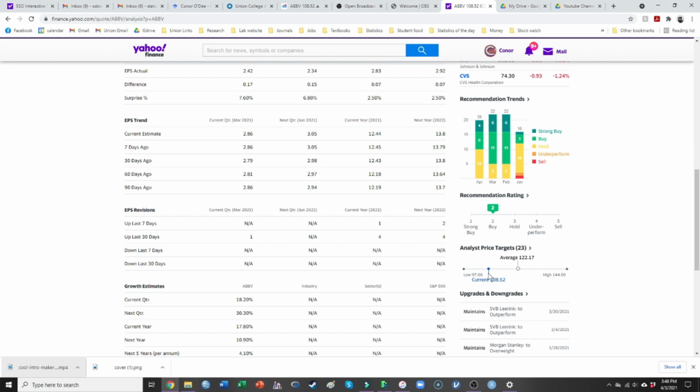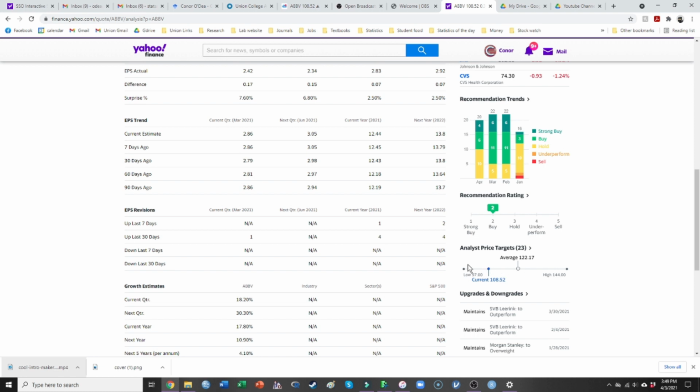And these analysts are watching this stock a lot more closely than I am, so I'm going to defer to their knowledge, though they're not always right. But they're at least saying that in the next year, the lowest ones are saying 97 is where that stock might be. The stock is currently at 108. The average of these analysts is 122.17, and the high is 144. So what I'm looking for here is just, is it realistic that the stock might be going up?